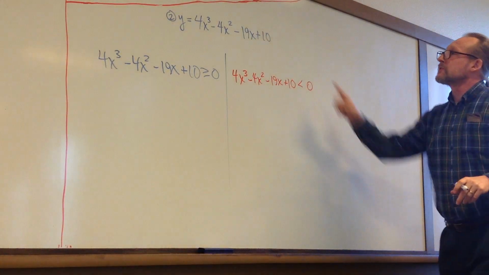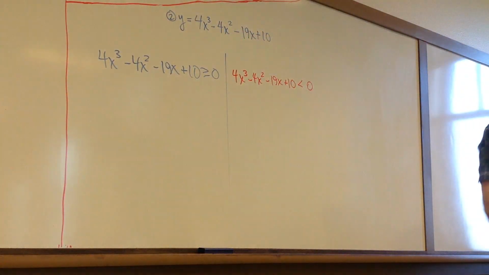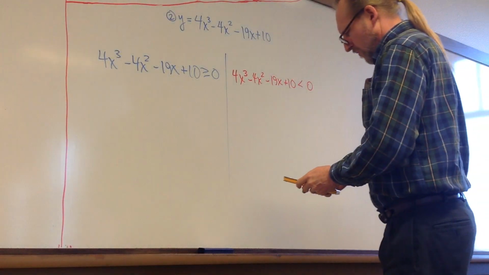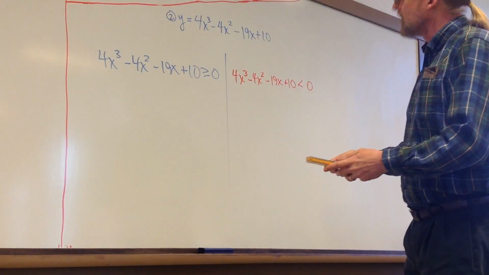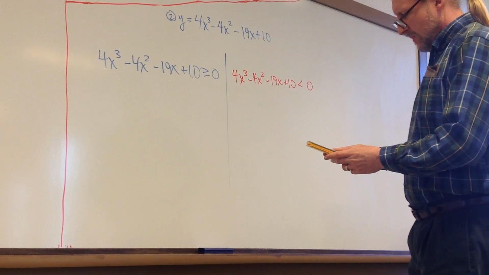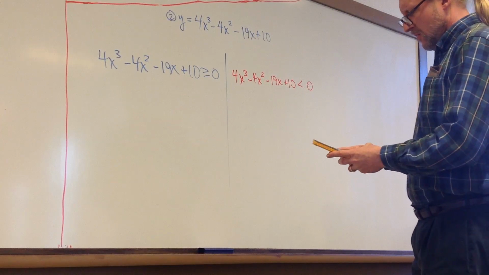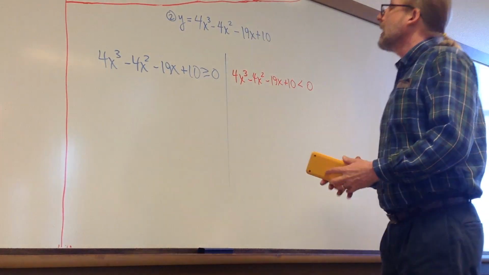Okay, so the first thing we want to do is graph this. So we hit the y equals key, and we go ahead and type this in: 4x to the third minus 4x squared minus 19x plus 10. And then we hit graph.